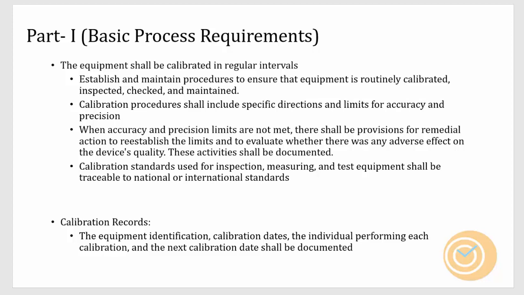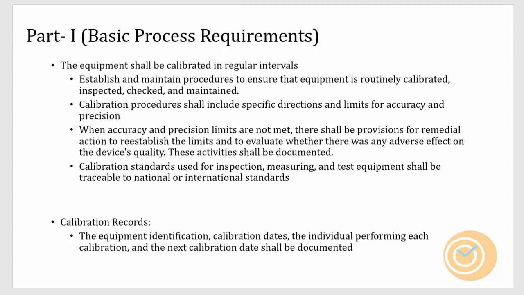You have to make sure that the limits for accuracy and precision have been defined, and when you find a piece of equipment failing the calibration, that means either it failed accuracy or it failed precision. You have to create out of tolerance records, and you have to document your investigations, how it may have impacted the released products.